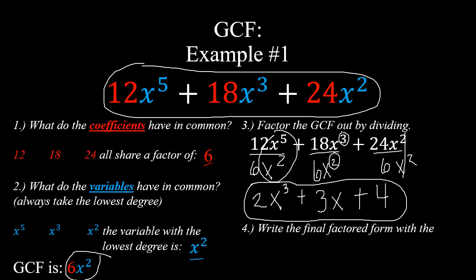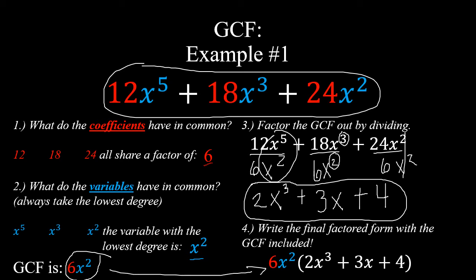So the final factored form with the GCF included would be 6x squared times 2x cubed plus 3x plus 4. Here's our GCF. We can't forget to include that. And here's what we got when we pulled our GCF out. What we're doing here is factoring, you guys. And when you factor, you need to make sure you have a factor times a factor. So you cannot forget to include that GCF.